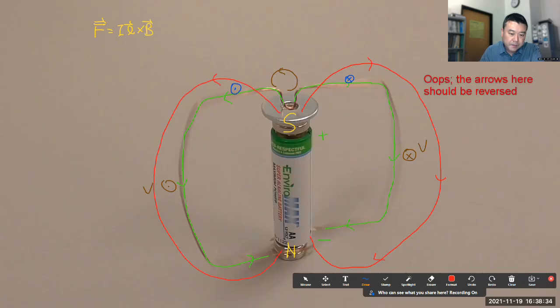Now, in terms of the relative orientation of the magnetic field and the direction of the wire, they're not a nice 90 degrees. They are all at these angles, so you can see that it's not gonna be super efficient.